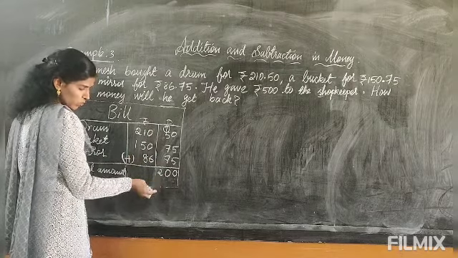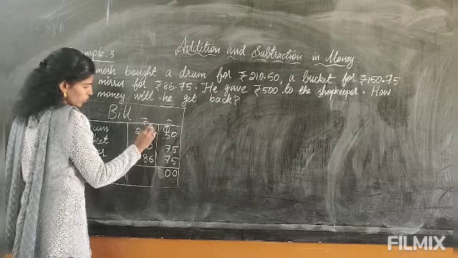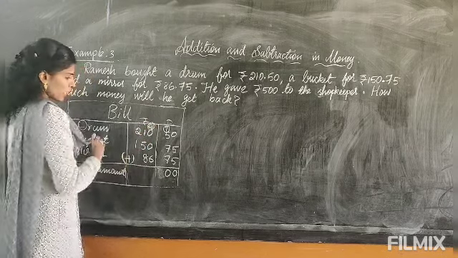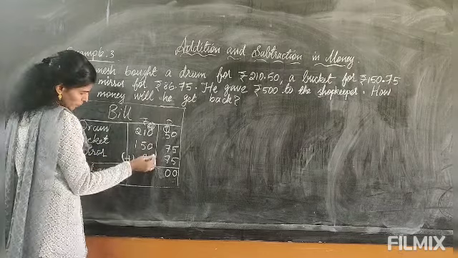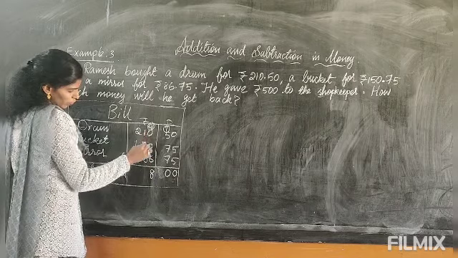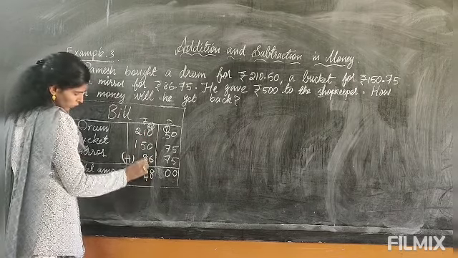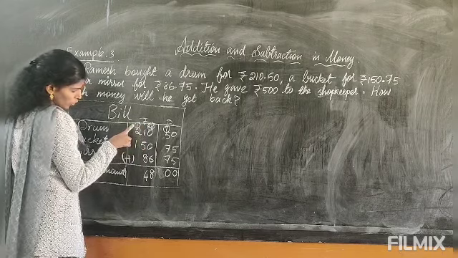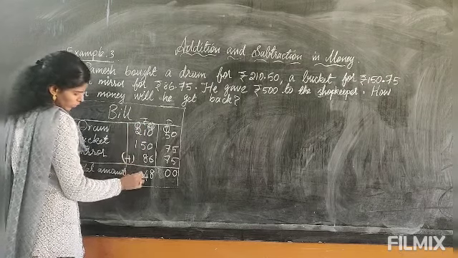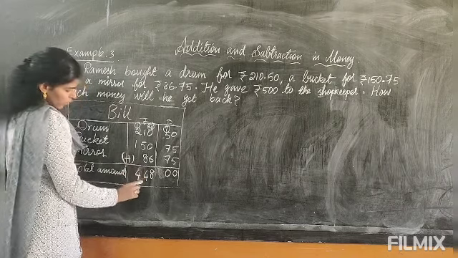So 0 only you will write and this 2 you will carry to the rupees. Now you will add here. 2 plus 6, 8, and here 5 plus 1, 6, 6 plus 8, 14. So 4 you will write here, 1 you will carry here, 2 plus 1, 3, 3 plus 1, 4.